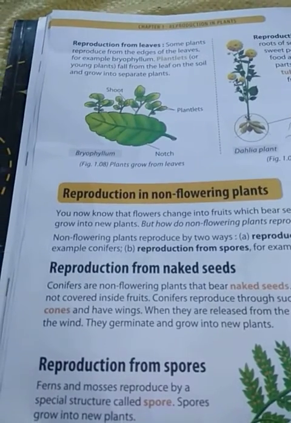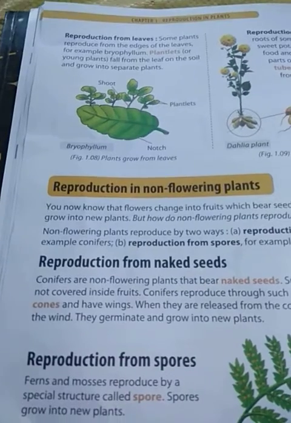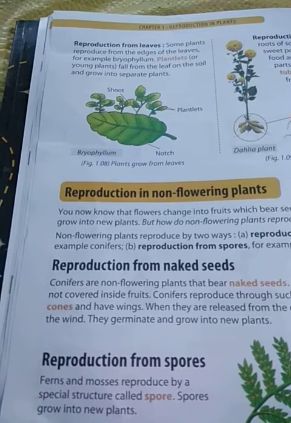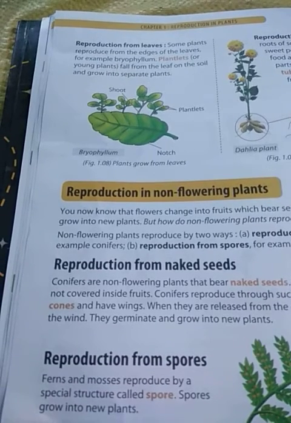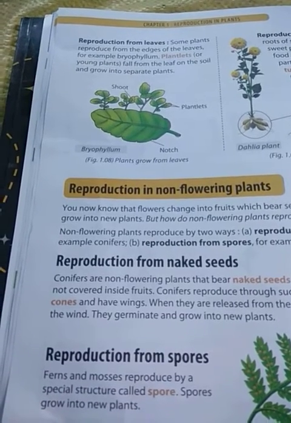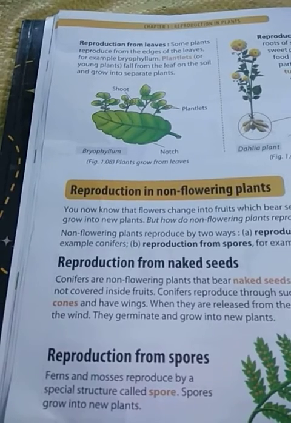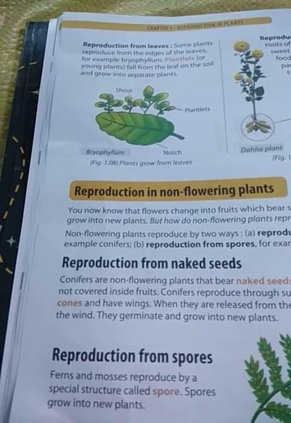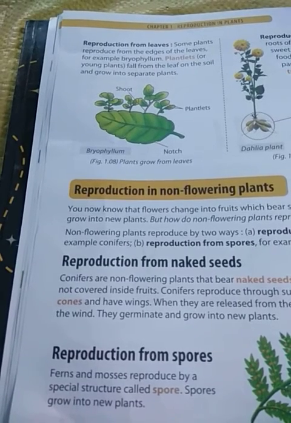Reproduction from leaves. Some plants reproduce from the edge of the leaves, for example, bryophyllum. Plantlets or young plants fall from the leaf on the soil and grow into separate plants.